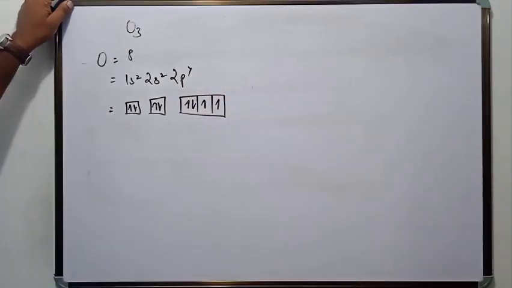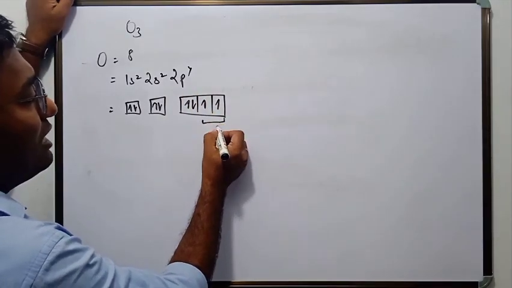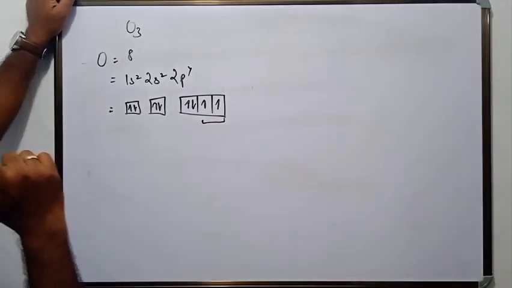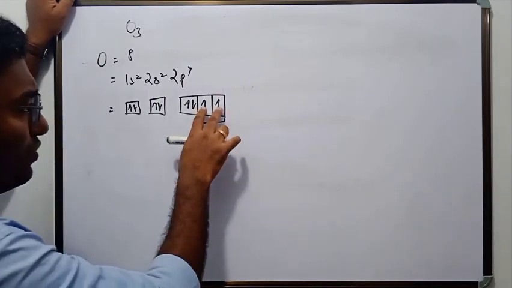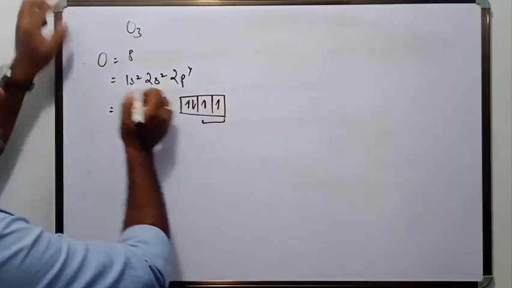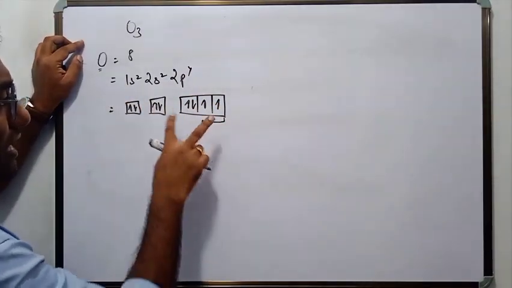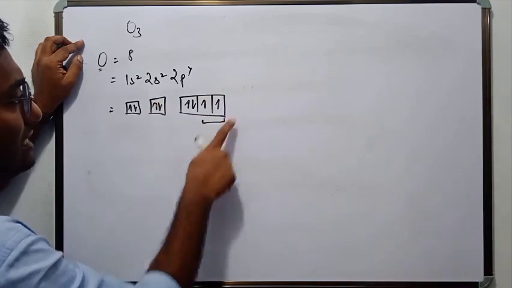So what is the valency of oxygen? How many electrons are needed? Yes, we need at least 2 more electrons so that oxygen achieves an octet. Right now in the second shell there are 6 electrons.